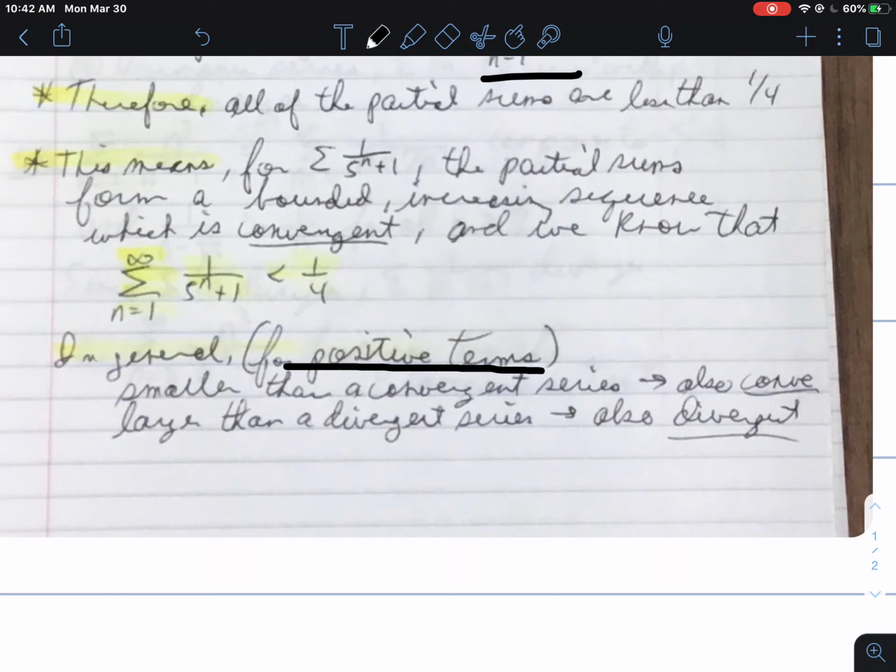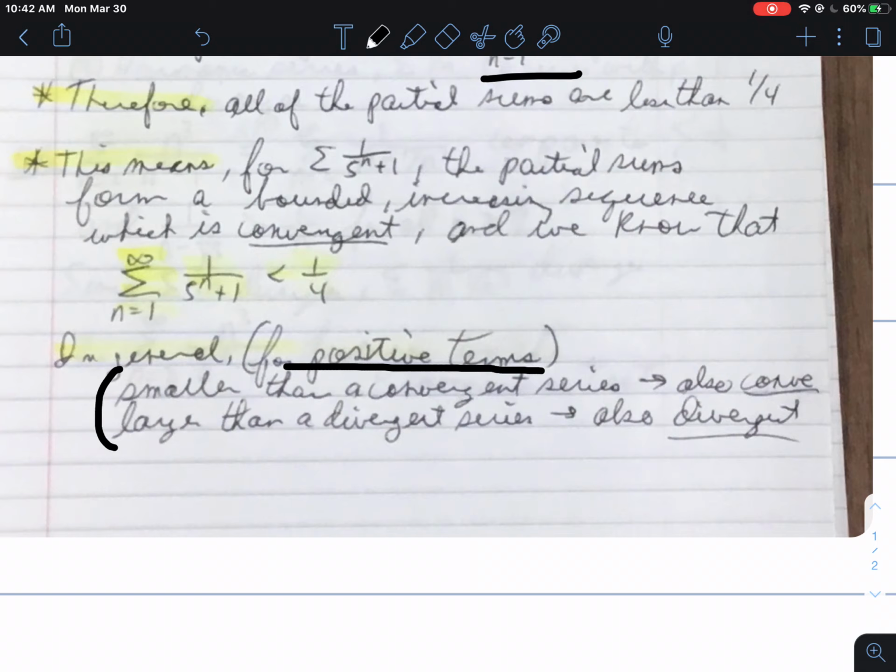And the observation is similar to what we talked about with the integral test in the last section. I want to compare my series to a convergent series if I know that the terms of my series are smaller than those terms of the convergent series. I want to compare my series to a divergent series if I know that the terms of my series are larger than those of a divergent series.